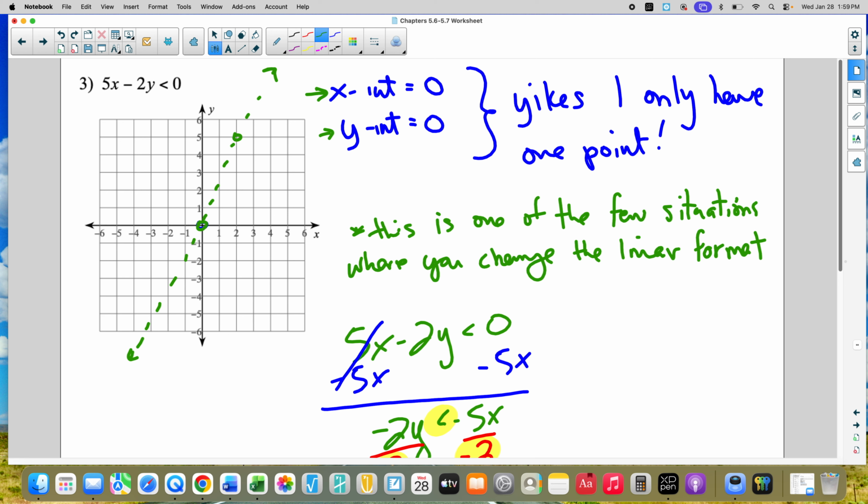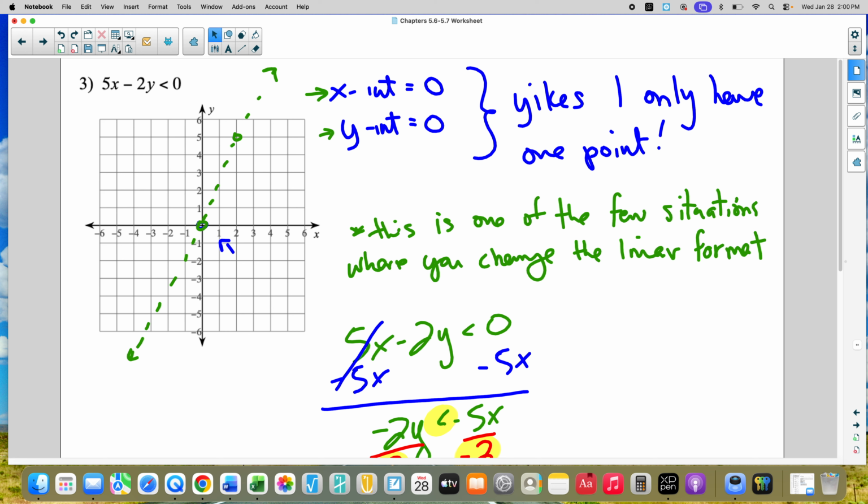Now, this is my border. My border is false. They are not solutions on the border, and I have to test a point. Typically, I've tested 0, 0, but I can't test 0, 0 because 0, 0 is already used. I know that it's false.